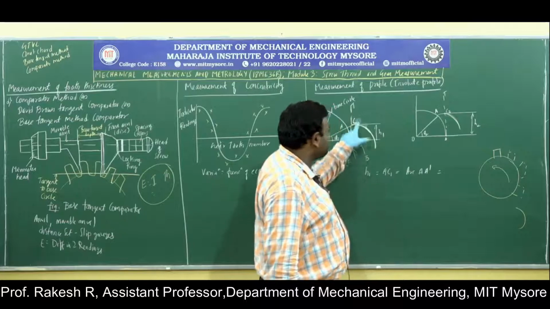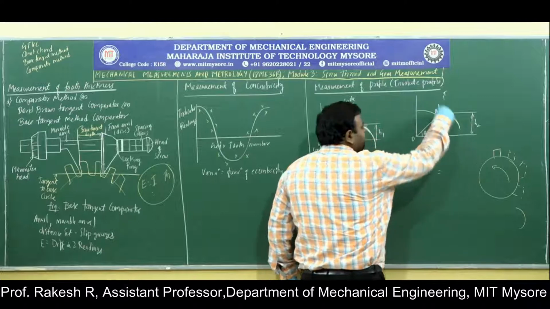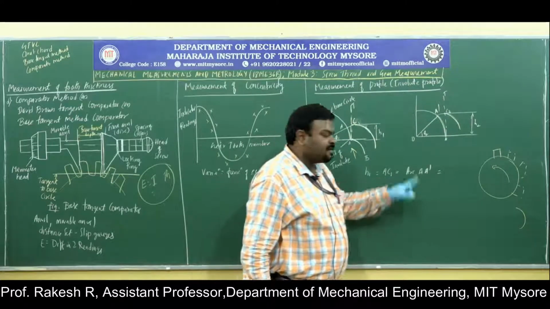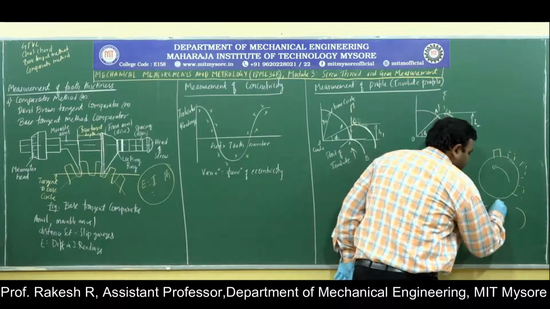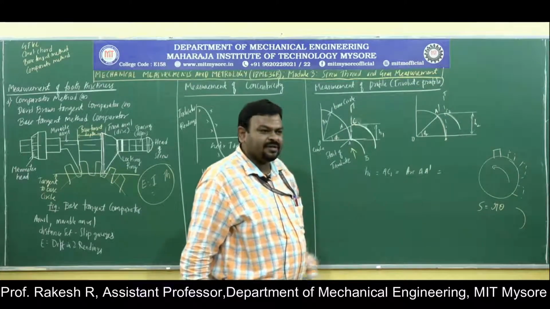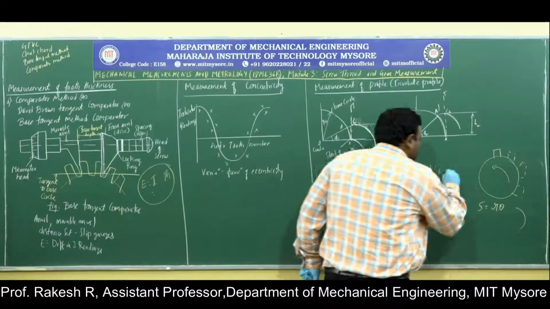H1 is equal to AC1. It is also equivalent to this arc AA dash. This arc distance. So what is the length of the arc? Length of the arc S is equal to R theta. Here what is R? R is the radius of the base circle. What is theta?